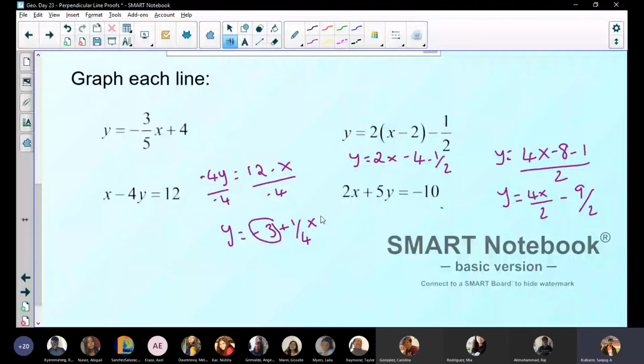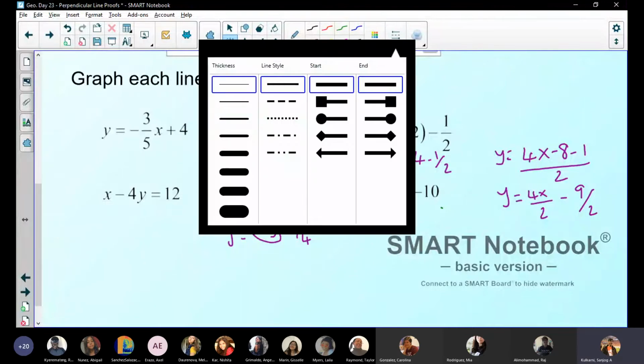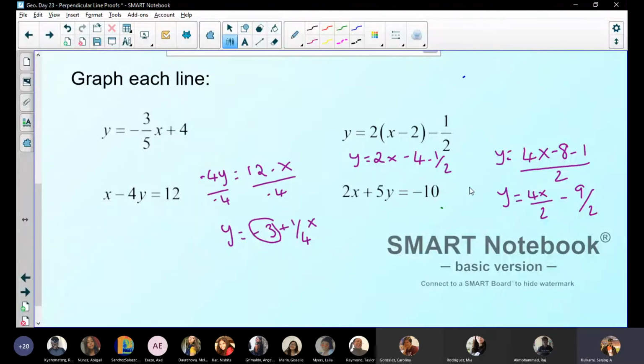The last one, same way, you just have to convert this to slope intercept form. Subtract 2x on both sides, you'll have 5y equals -10 minus 2x. Then further divide by 5 on both sides to get y equals -10 divided by 5 will give us -2, and -2/5.